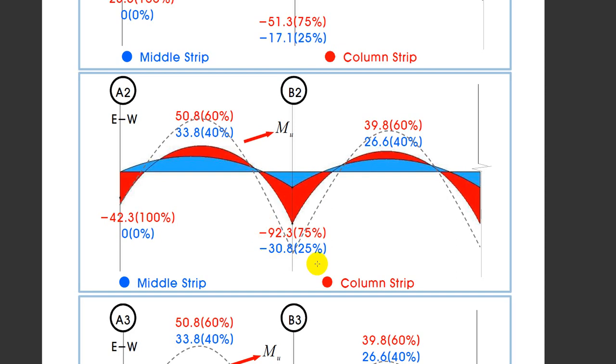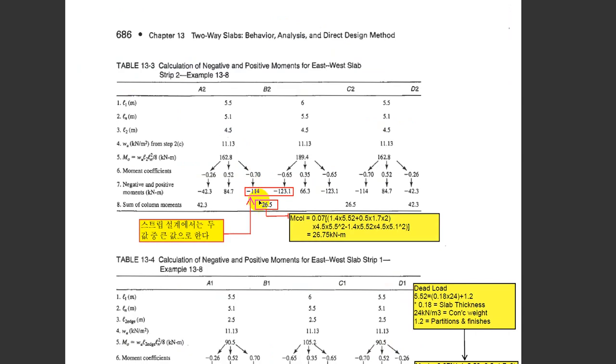And this is a moment that we need to design against at minus moment at interior span. If you remember, we had two moments, right? One interior moment from this span, and one interior moment from this span, and they were different due to the loading conditions and span lengths.